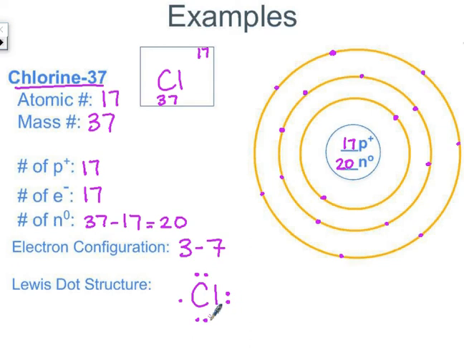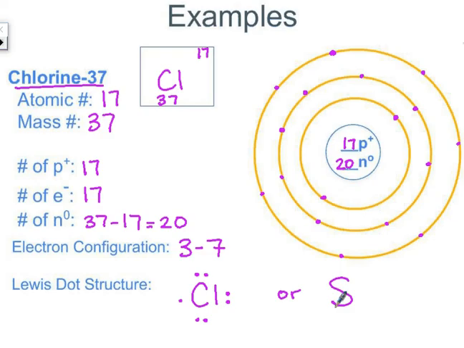You have a maximum of 2 on the top, 2 on the side, 2 on the side, and 2 on the bottom. So you're going to fill up all the way around. You're going to put 1 on each side first, and then you will double up. Because we have 7, you should have noticed that I put 1, 2, 3, 4, and then doubled up 5, 6, 7.